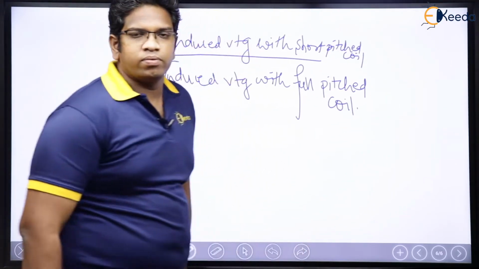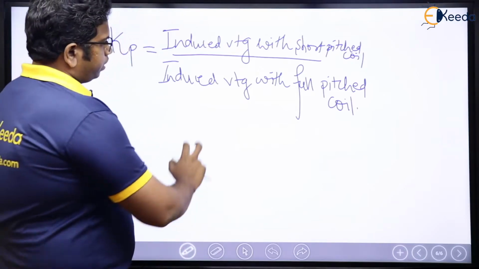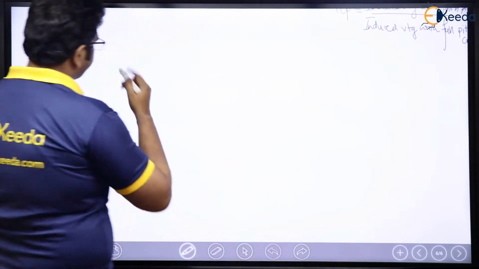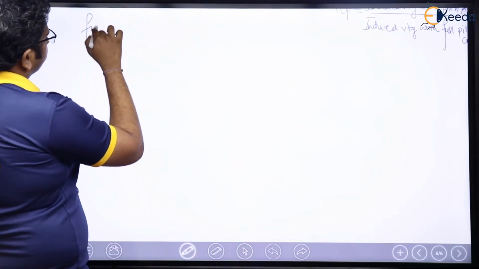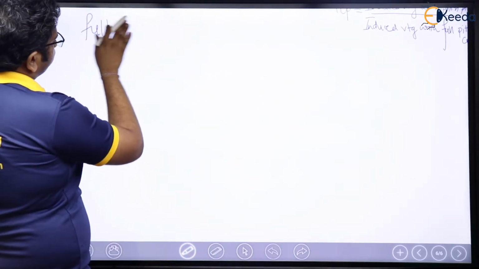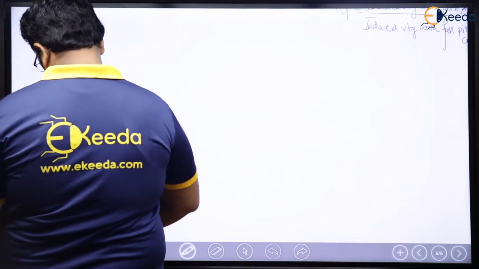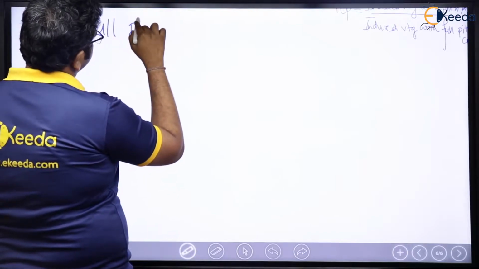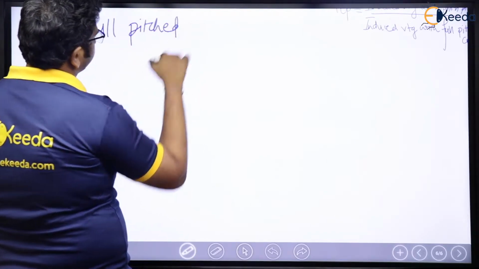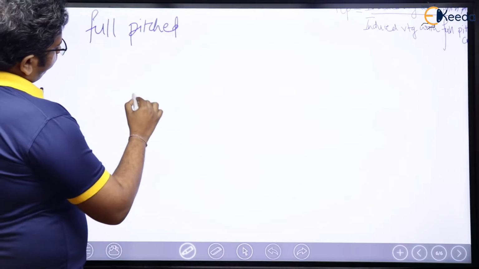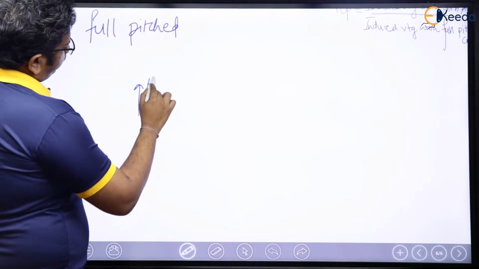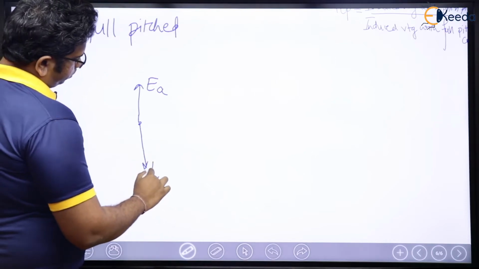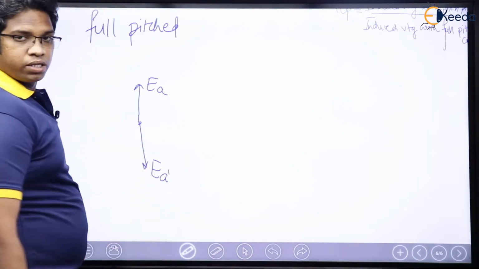Now see here, let us derive. In case of full pitched, we know that if I have EA here, then EA dash was opposite this way.